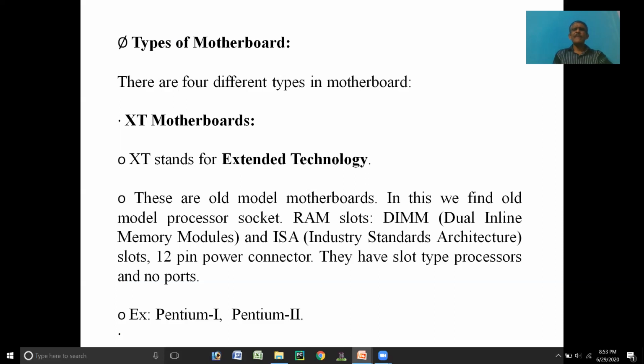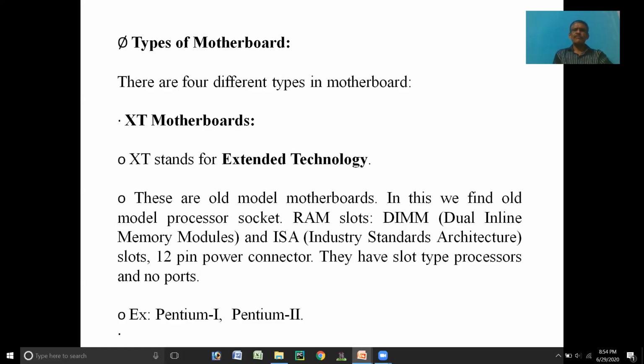It means this type of XT motherboards uses slot processors, but this does not contain any ports. That's why no ports. Example for this is Pentium 1 and Pentium 2 processors. This is about XT motherboard.